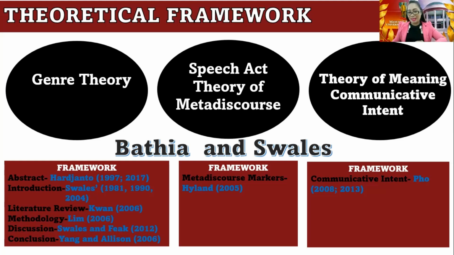Last is the theory of meaning and communicative intent, in which Grice believed that semantic concepts such as word and phrase meaning were ultimately founded on the sender's meaning, which in turn was based on the speaker's purpose or intentions.